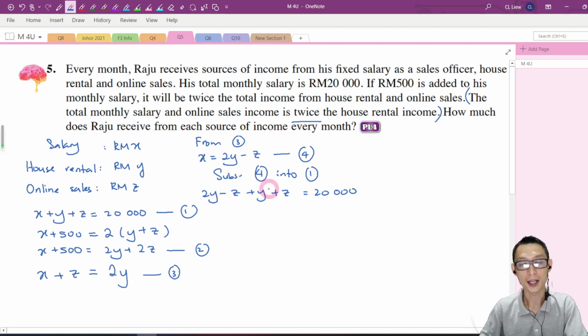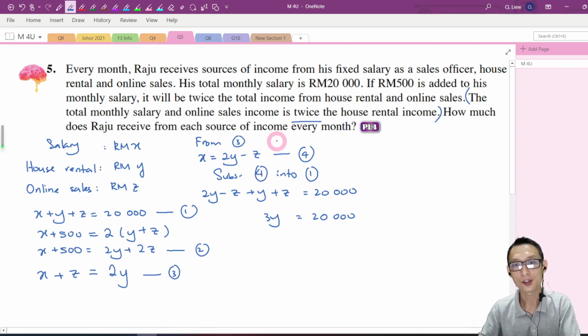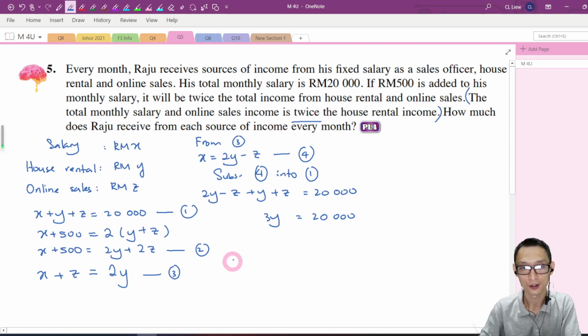So 2y plus y, you will get 3y, minus z plus z, so the z will disappear, 0z. Now 3y is equal to 20,000, so 20,000 divided by 3. Since this is in ringgit, I don't want to write my answer in fractions, I'm going to round off this answer to 2 decimal places.